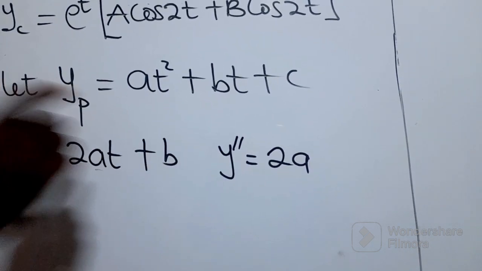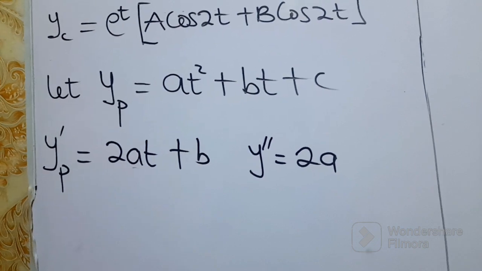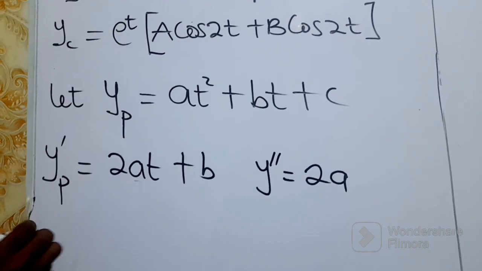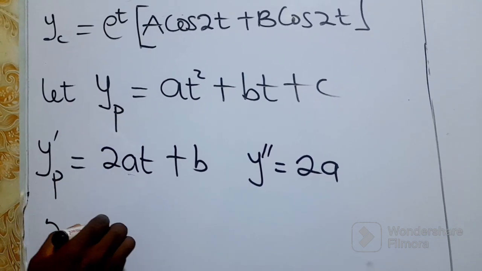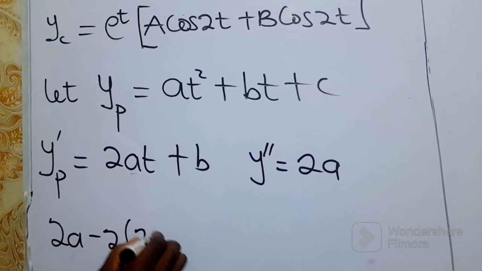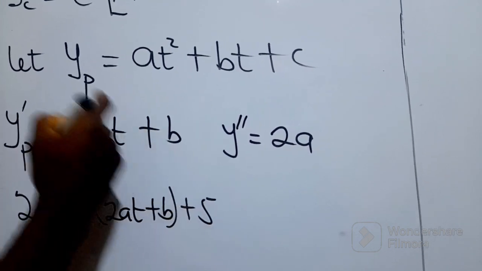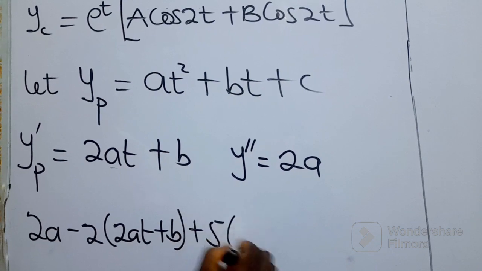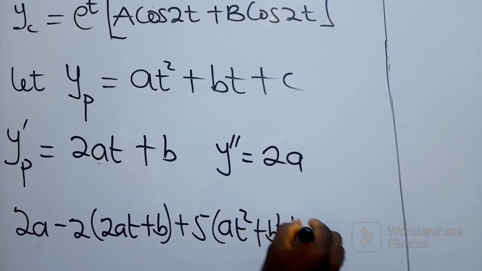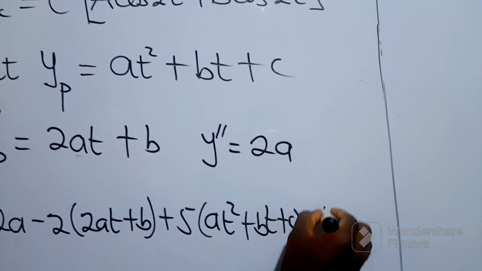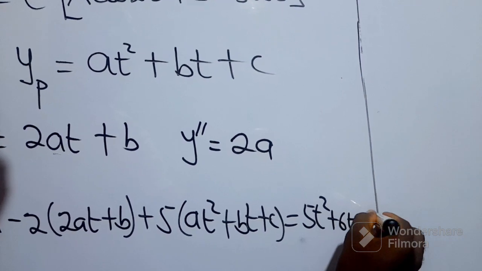So now we substitute 1, 2, and 3 into our differential equation. In place of y double prime, we have 2a, minus 2y prime, which is 2at plus b, then plus 5 times y, which is at squared plus bt plus c, and this will be equal to 5t squared plus 6t minus 12.